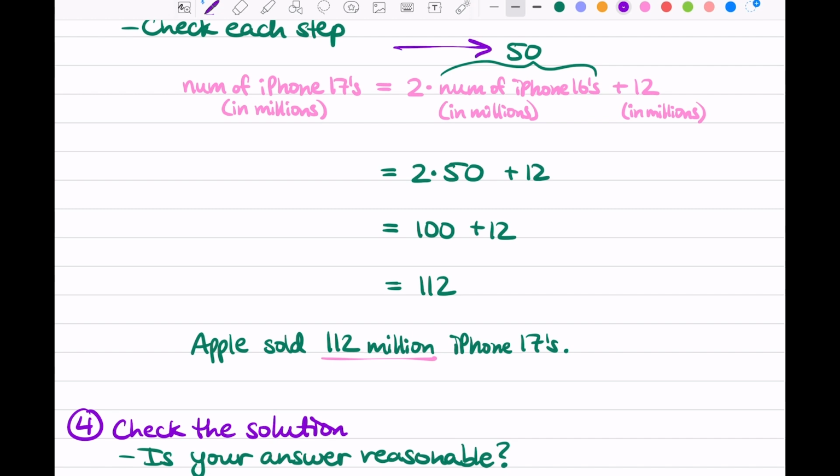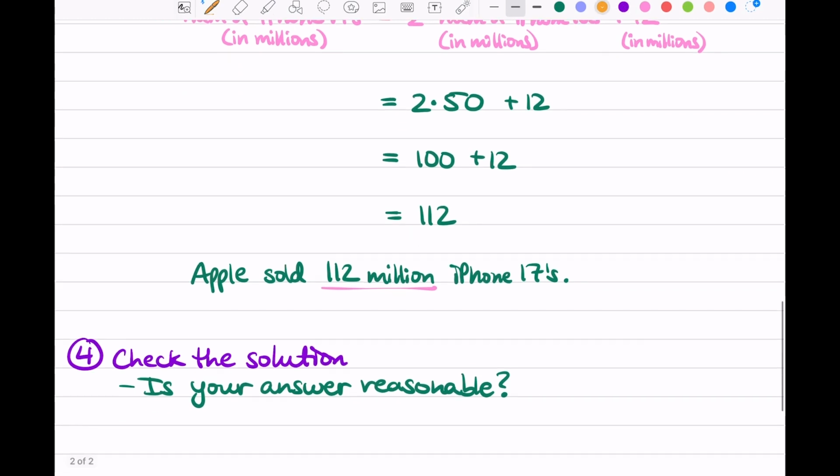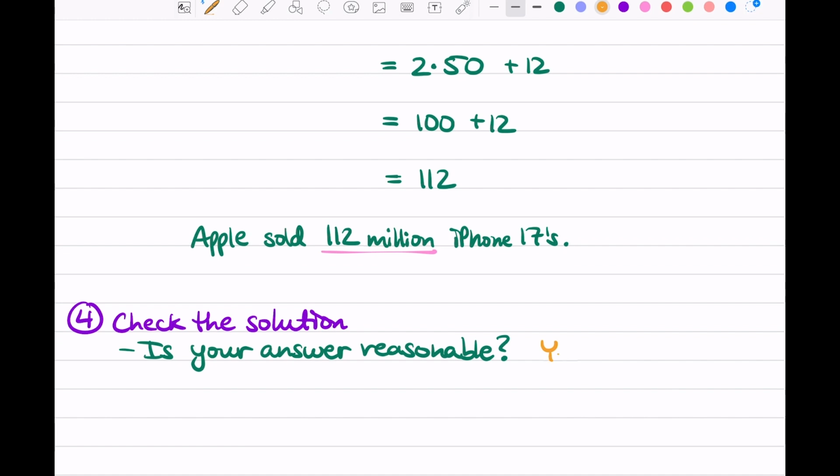It's bigger than 50 million. And it also makes sense that our answer is in the millions, because millions of people around the world buy iPhones. So, yes, our answer is reasonable. So, we can be confident in our answer that Apple sold 112 million iPhone 17s.